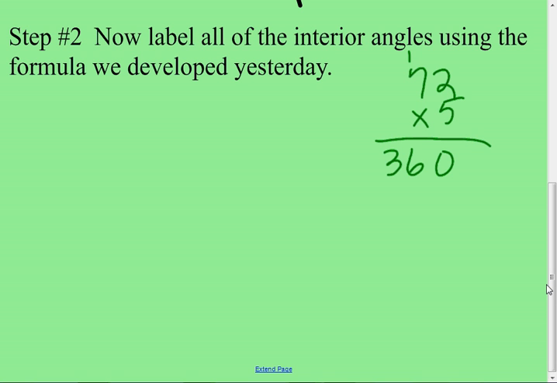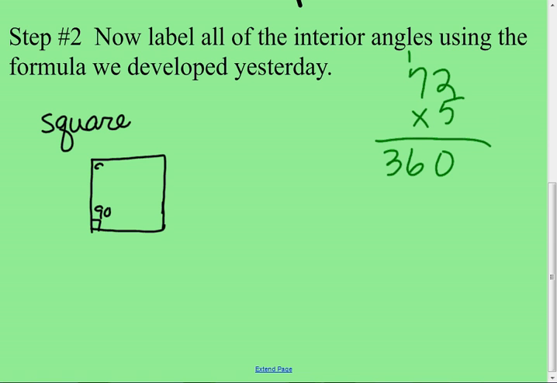What about a square? We'll go on to the next sheet in a second. What about a square? What are the interior angles? We all know this. They're 90, right? And then, if the interior angle is 90, what's the exterior angle? 90.